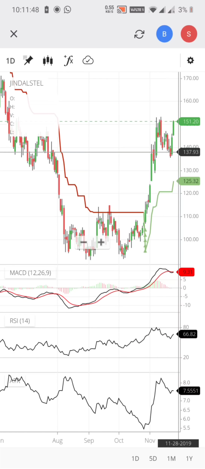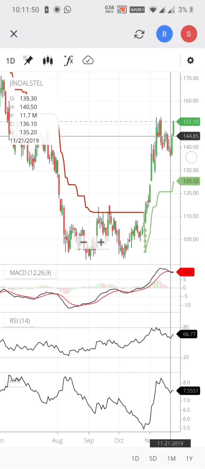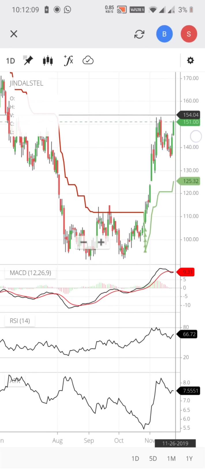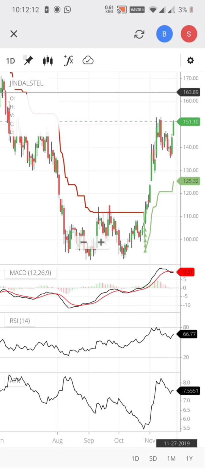Applying these indicators, somewhere it says the stock can go up to 152 also. So let's say 152 or 152.55. But this is a big resistance zone now. Let's wait and watch.